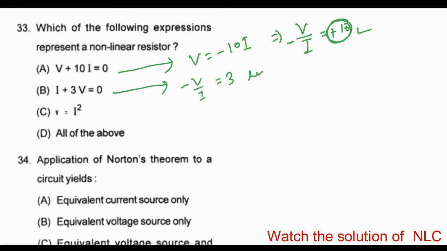This is also constant and linear. Next is V equal to I square. So this is non-linear, because the voltage varies in terms of the square of the current. So C is the correct answer, because we are not getting a linear resistor here.